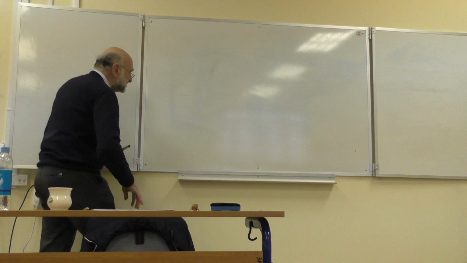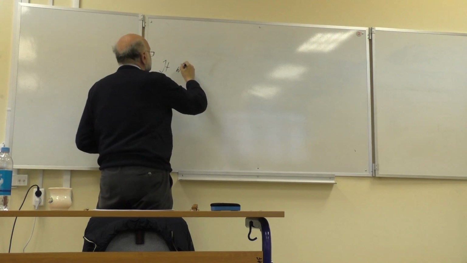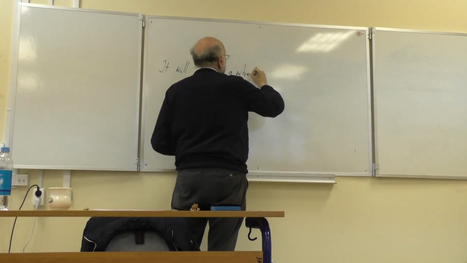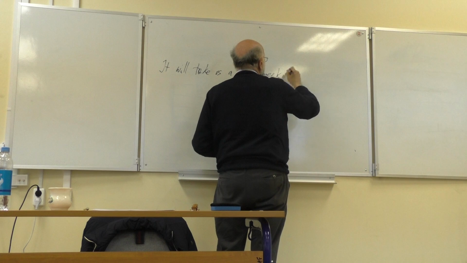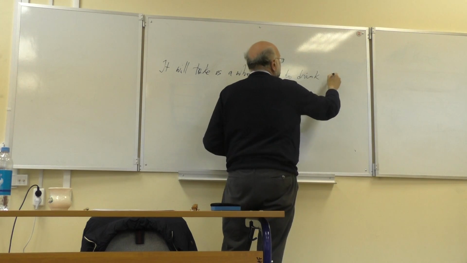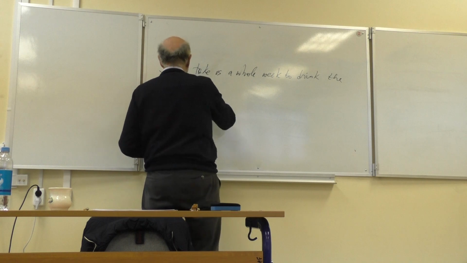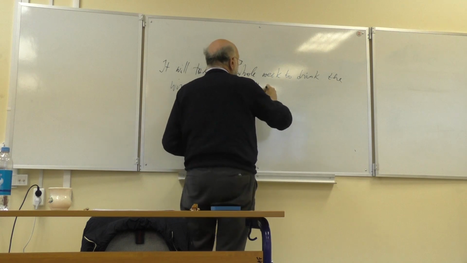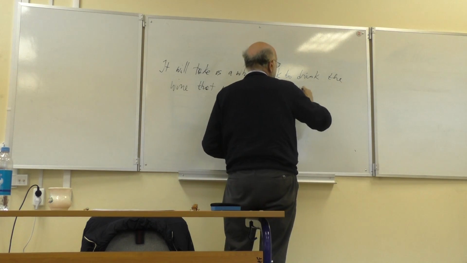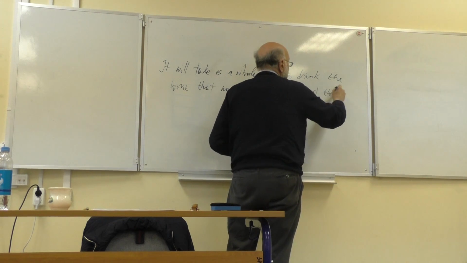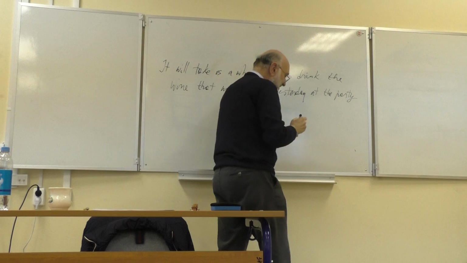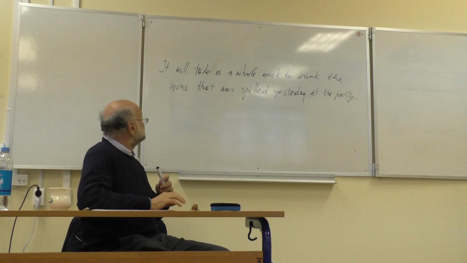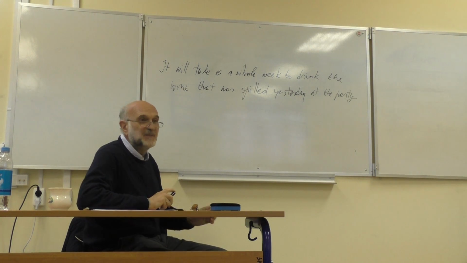So if I write down, so if I say something like that, it will take us the whole week to drink the wine that was spilled yesterday at the party.